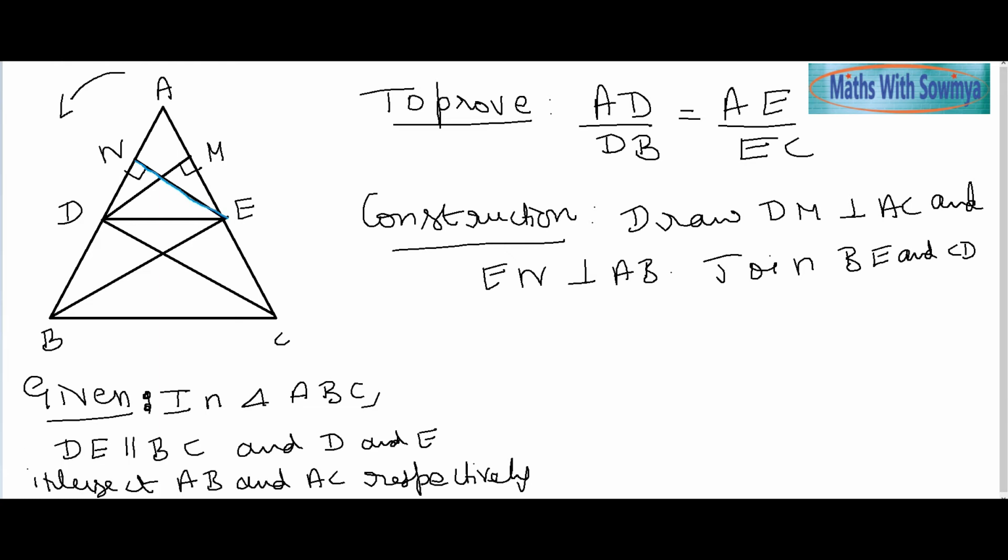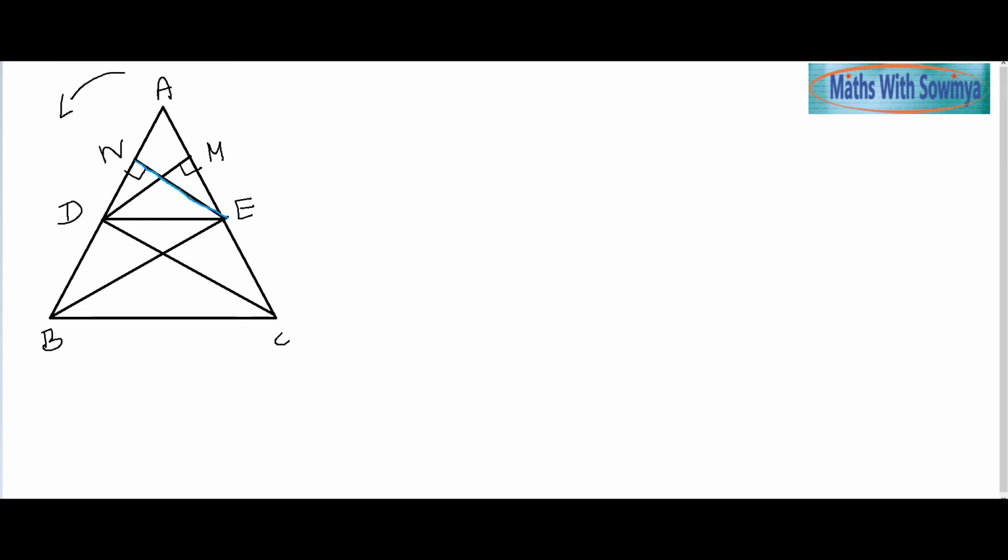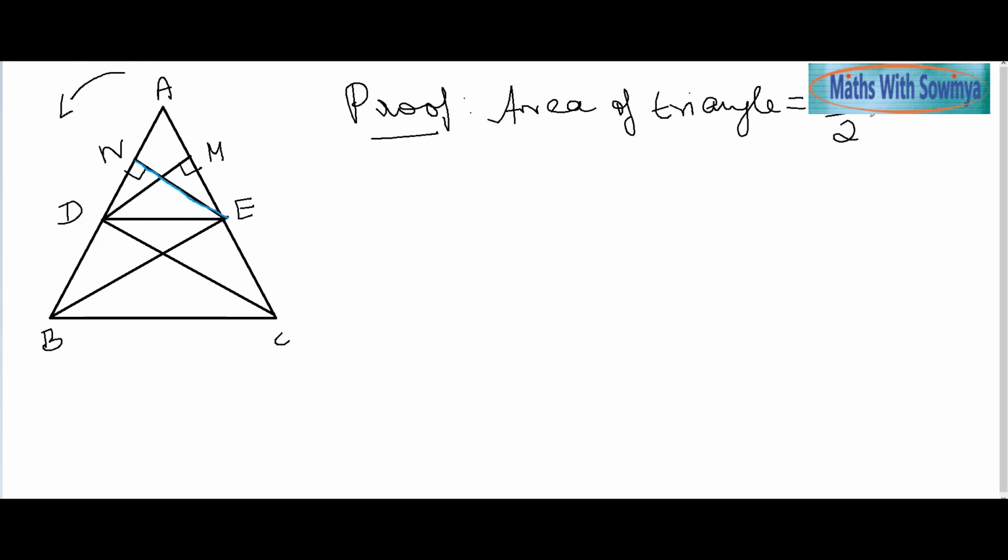I will clear this so that we get space for the proof. These three things are necessary for any theorem. So, proof. I'll take the area of triangles in this figure. What does the area of a triangle say? Area of triangle is half into base into height.